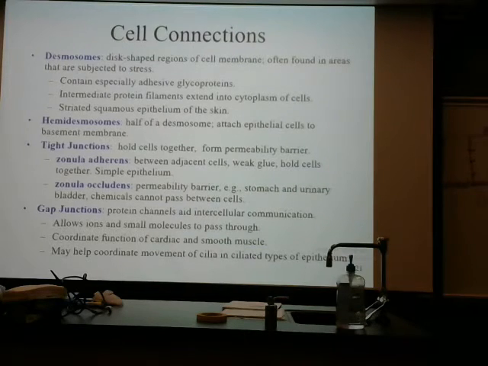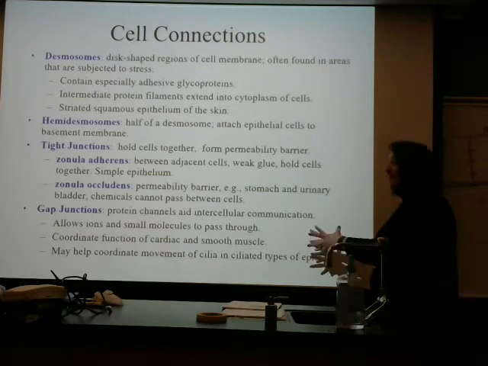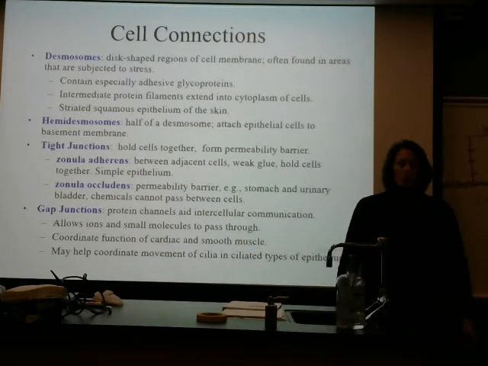Think about where the cells are found. If these are the cells that are going to be making up your skin, wouldn't you rather for those cells to not let a bacterium through, or a virus? So these cells have a lot of control as to what gets to pass.